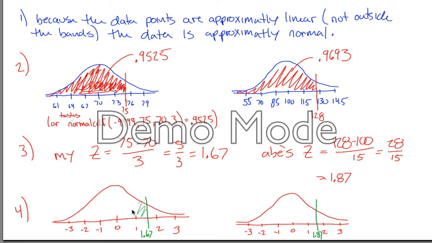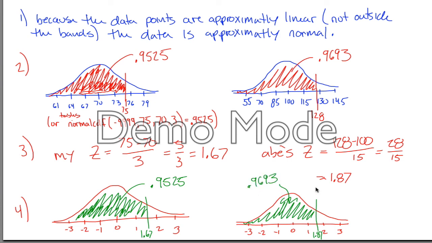And what we figured out is this area to the left of 1.67 is 0.9525, and this area to the left of 1.87 is 0.9693. So really what I was going for in this problem is just showing you what you're doing in 2 is really the same as what you're doing in 4 if you convert to z-scores. And I guess that's the end.